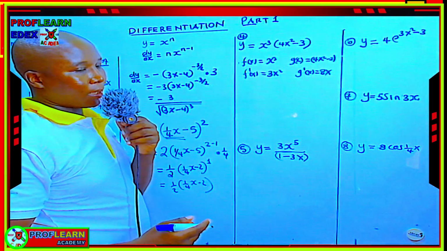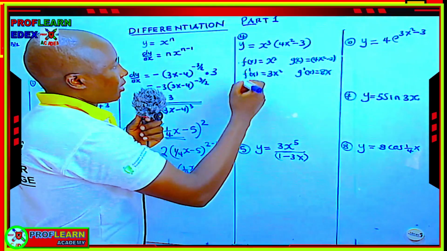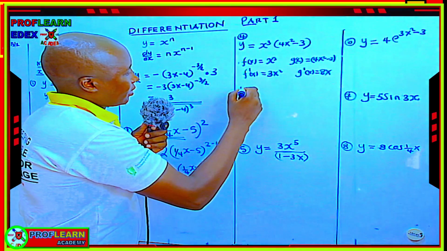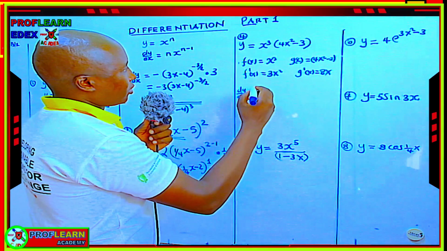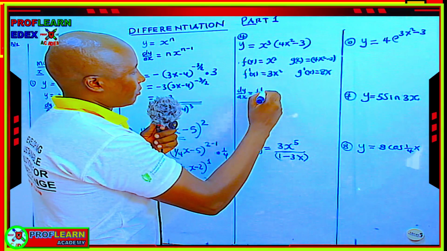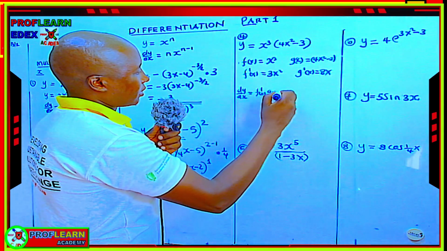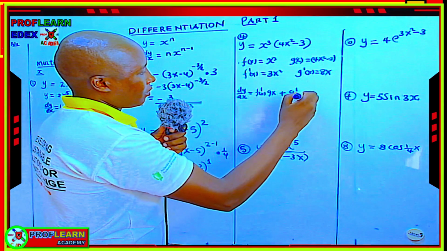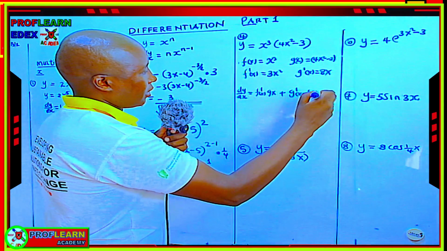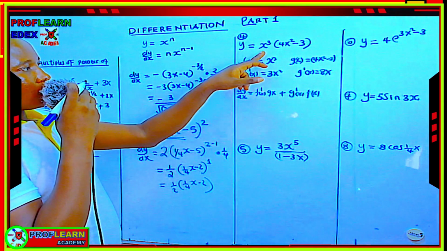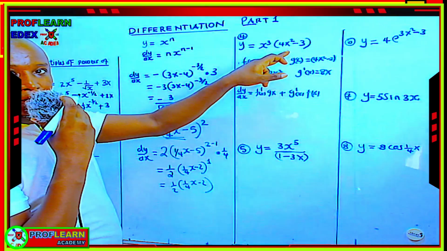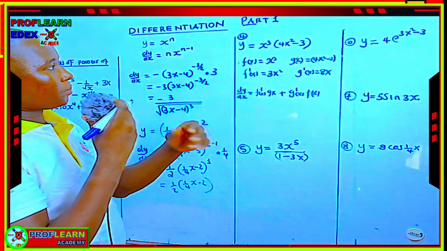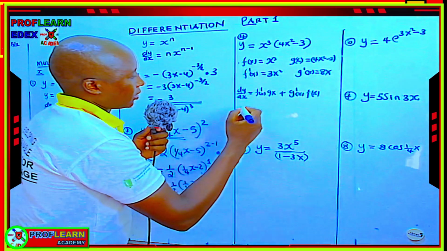Now, whenever you're applying the product rule, dy/dx is going to be equal to f prime of x times g of x plus g prime of x times f of x. So you differentiate one, you keep the other one constant, plus you differentiate the one that you left constant, and then you keep the first one constant.